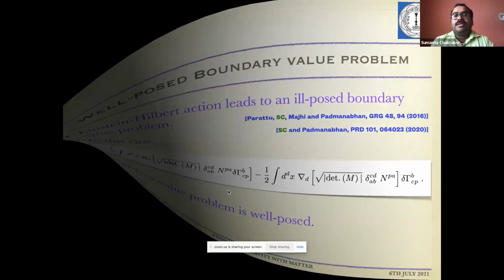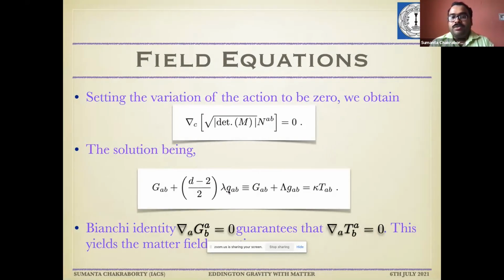Very good. Then we go ahead and talk about the field equations. So if we set the variation of the action to be 0, then we obtain the field equation after certain manipulations, like taking the trace and then subtracting it out and so on and so forth. We obtain that covariant derivative of square root determinant of that tensor M_AB with its inverse to be equal to 0.